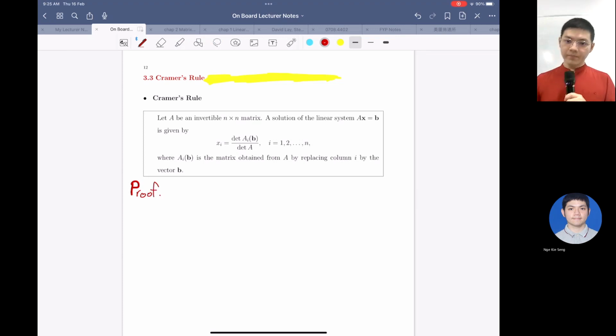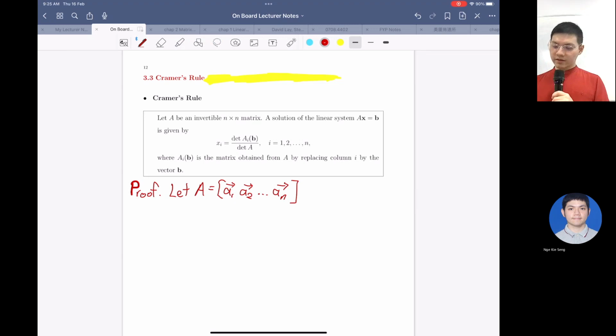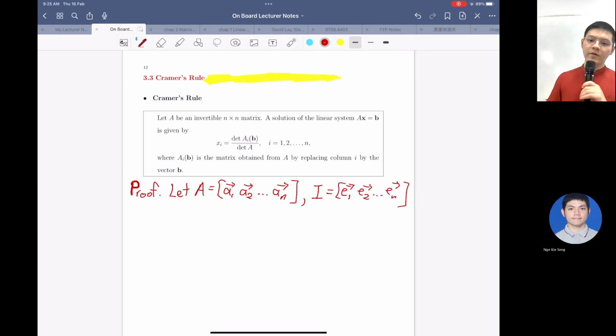Suppose we start with A, breaking it into column vectors as usual, and an identity matrix with columns e1, e2, up to en. There is one magic thing aside.